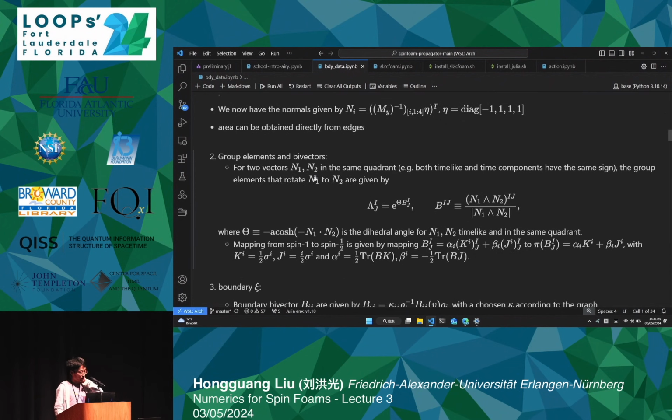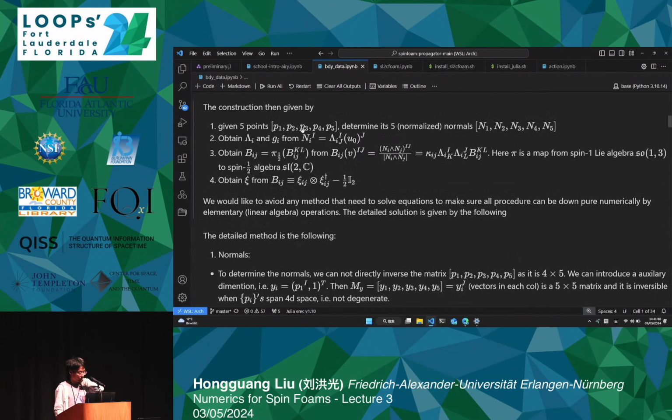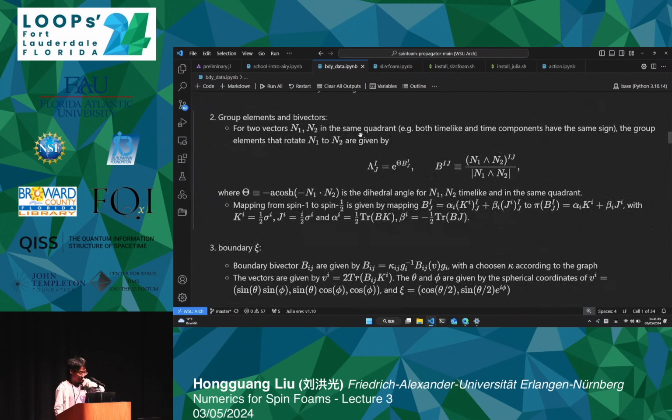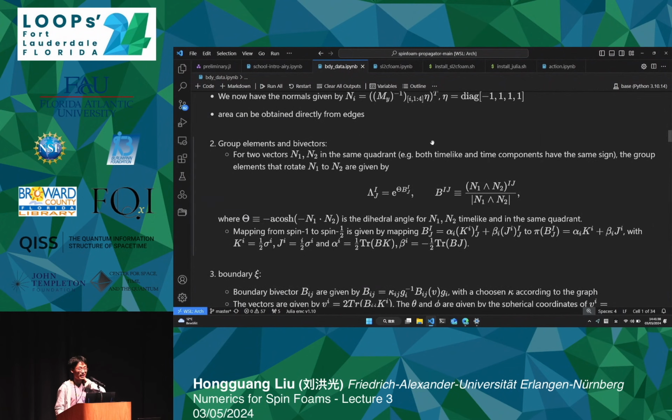And now we go to the group elements. We know we can obtain the group element by solving this equation. But if we are familiar with representation theory or SU(2), a similar thing happens here, of course with SO(1,3). The solution, the group element that boosts N1 to N2, is given just by the exponential of the dihedral angle multiplied by the B matrix, which is the bivector.